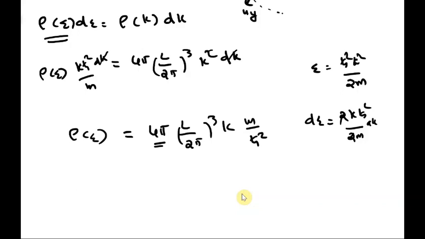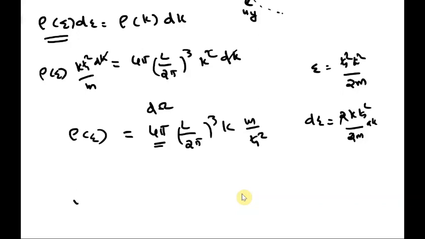Instead of this integrated quantity, we can substitute d omega as the area through which the particle is scattered.